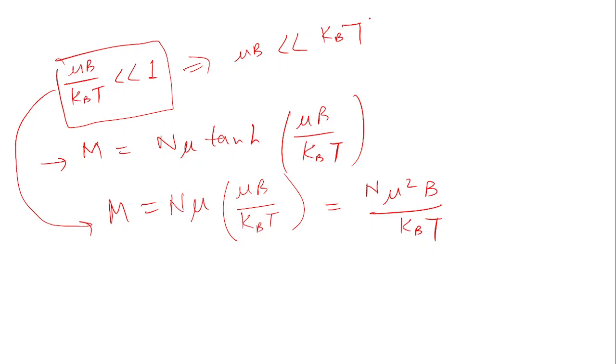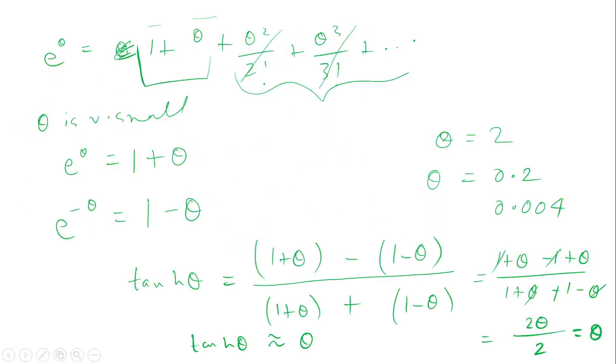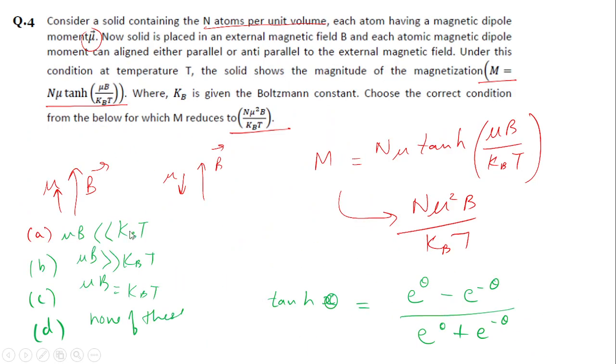So mu B is very small compared to k_B T, then the magnetization will reduce to this. So this first option is the situation under which the magnetization will reduce to n mu square B by k_B T. So this is the correct answer. Option A is the correct answer.